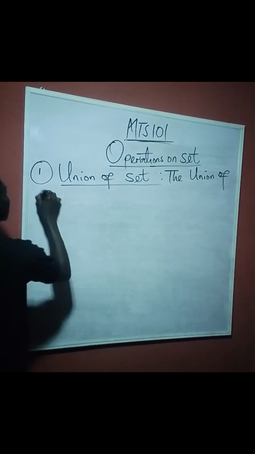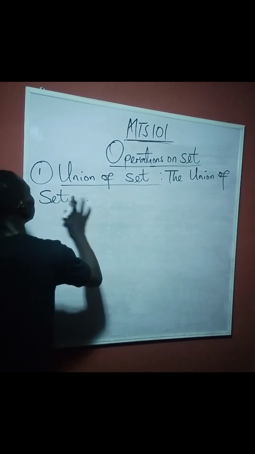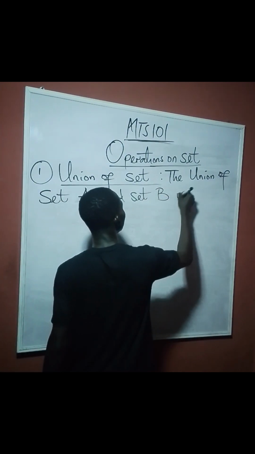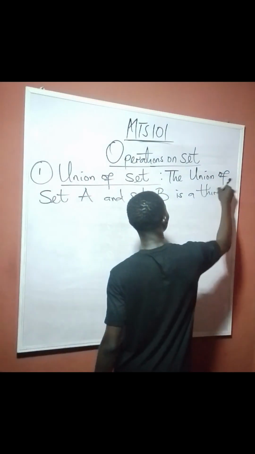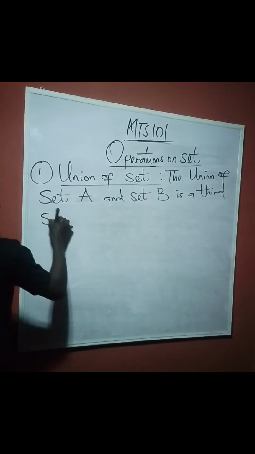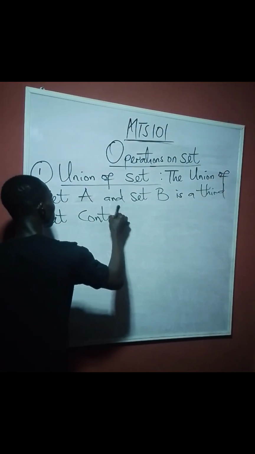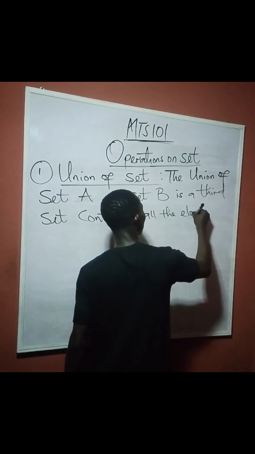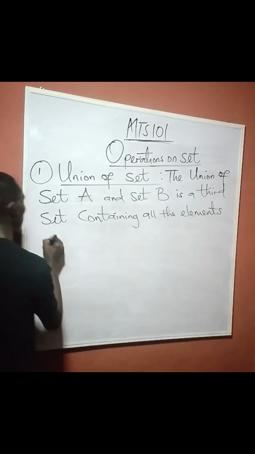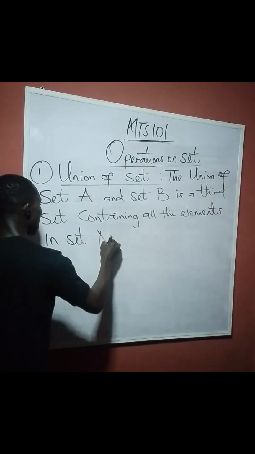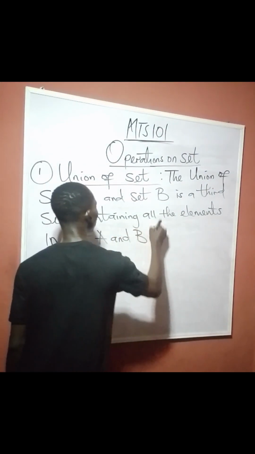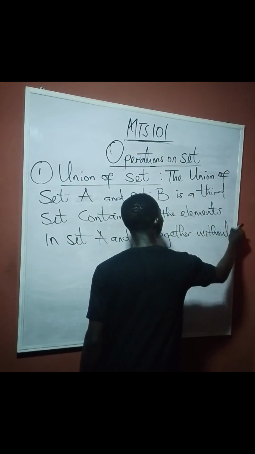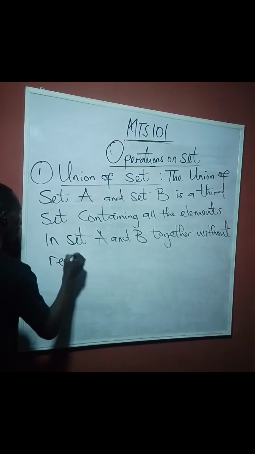The union of set A and set B is a third set containing all the elements in sets A and B together without repetition of common elements.